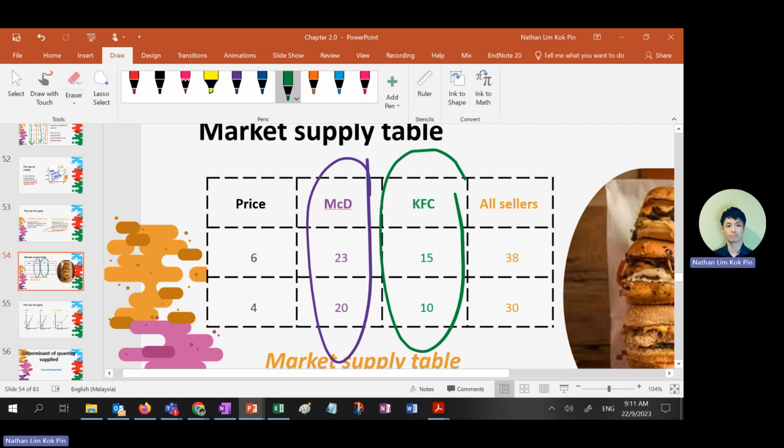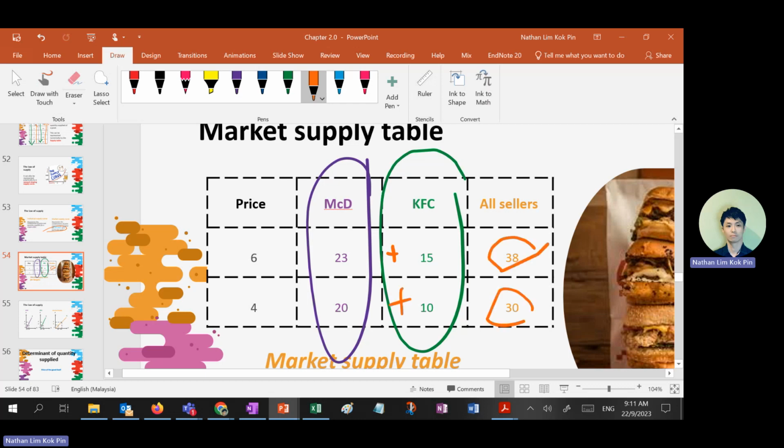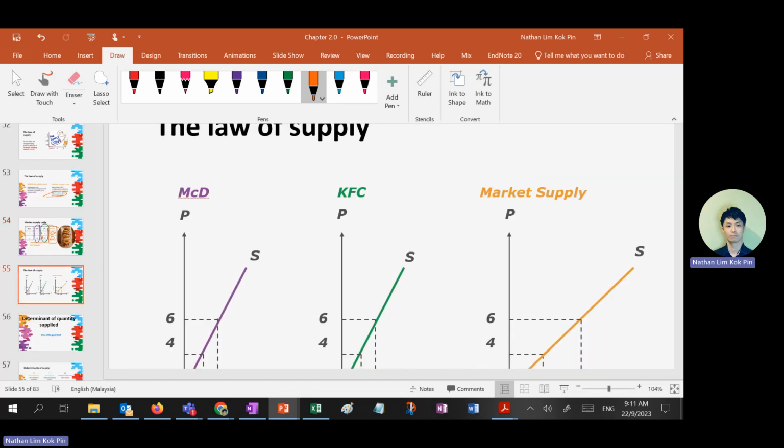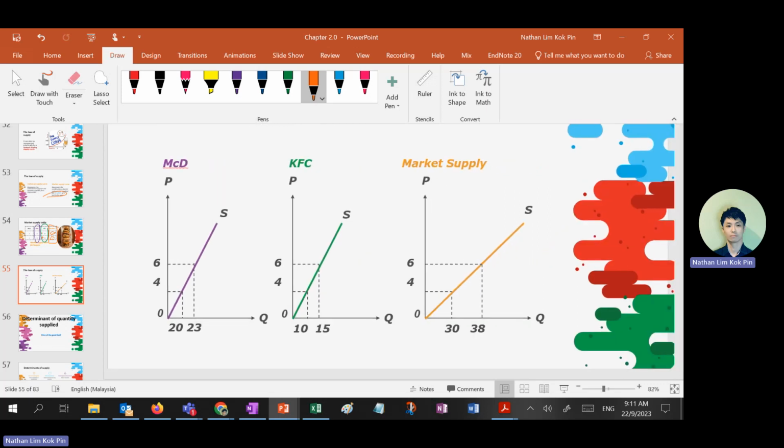What we want is to add up together. So we add 23 plus 20... 20 plus 10 is 30. So we get the market supply. Make sense? Hence, I draw the three curves together.